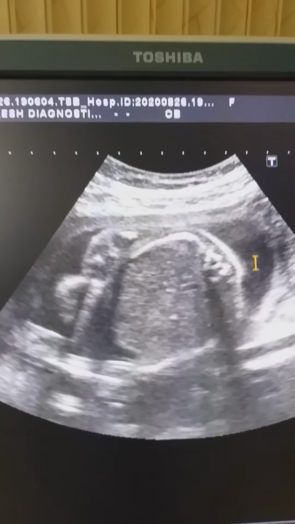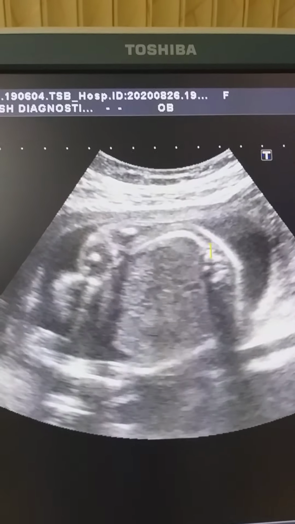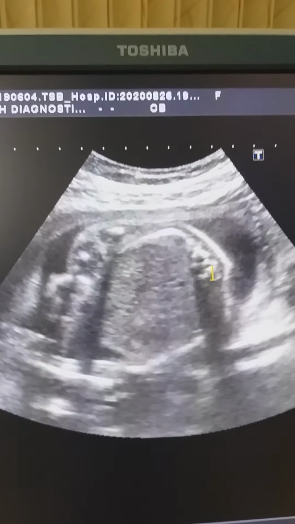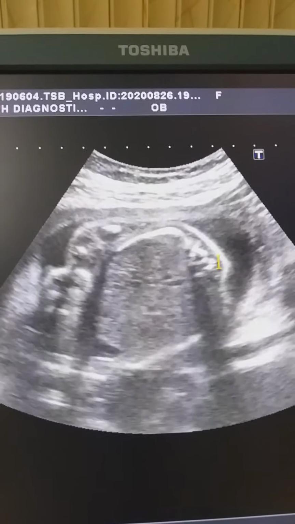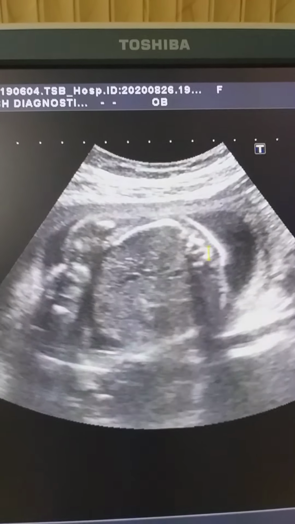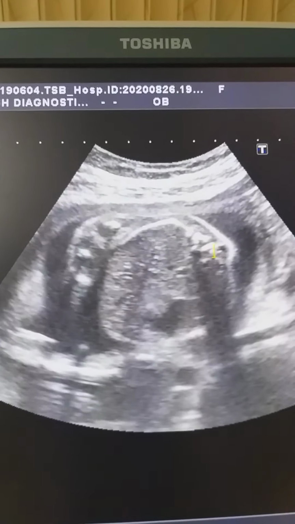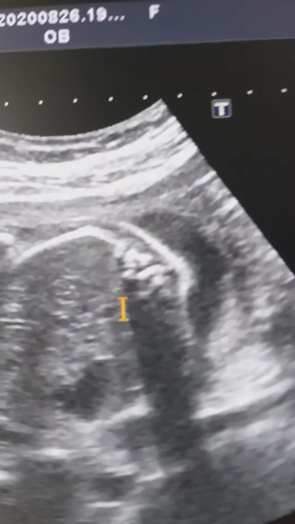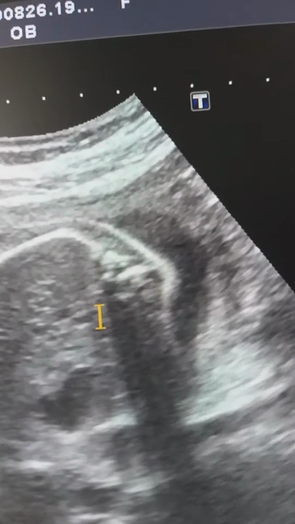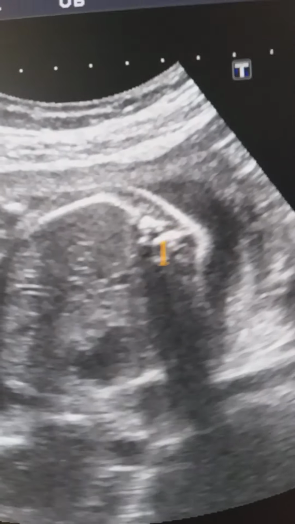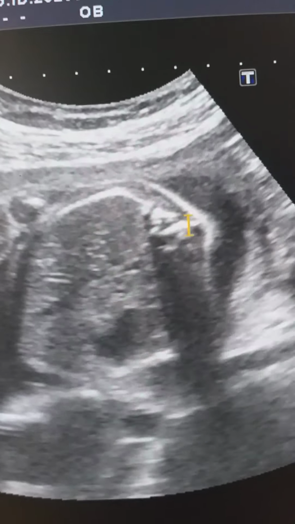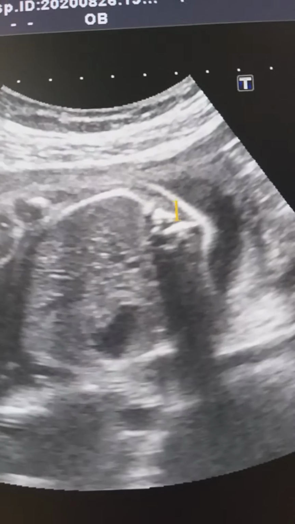And another pathology we can appreciate is that this is the posterior element, the lamina, and in between the lamina, this linear bone is present. This linear bone is present in between the lamina.